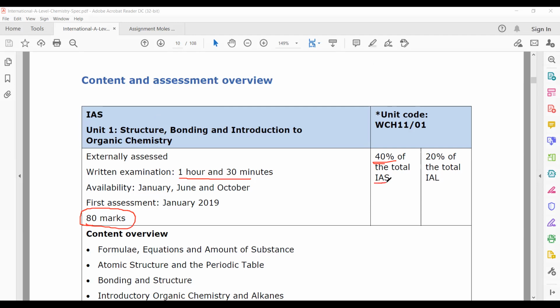IAS means International Advanced Subsidiary, and IAL means International Advanced Level. So that's a complete A level, and IAS means Unit 1, 2, and 3, in which you will not complete the whole exam, just taking a part of it.